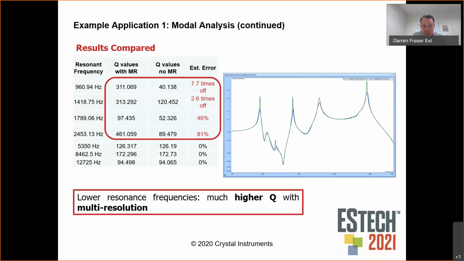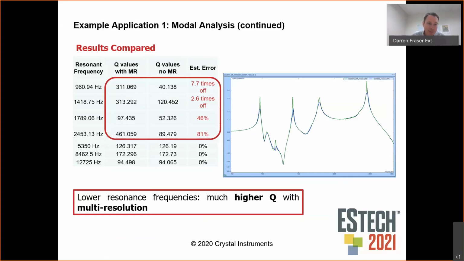And we draw some distinction here to start with the Q value. So here you'll notice at the 960 hertz resonant frequency, we have almost a 7.7 times difference between the multi-resolution spectrum and the spectrum that does not apply multi-resolution.